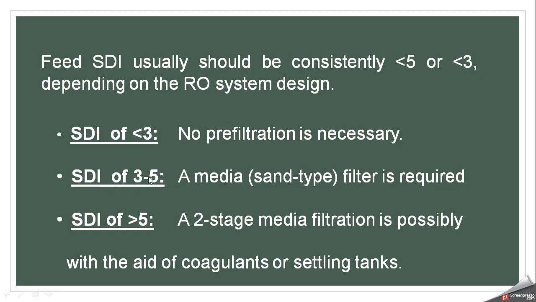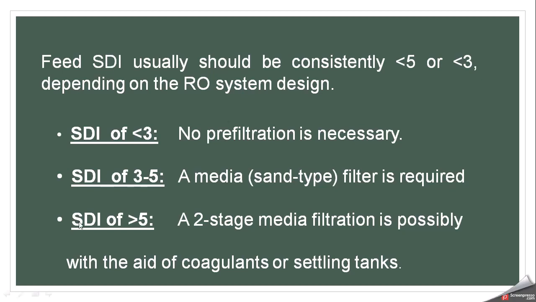However, if the SDI of the feed water is between 3 and 5, a media filter like a sand type filter is required. And if SDI goes greater than 5, a two-stage media filtration is possible, possibly with the aid of coagulants or settling tanks, so that the suspended particles can be reduced with the help of coagulants, and there must be some settling tank which settles those and reduces the SDI, because the silt density index basically measures those particles which are suspended and in colloidal form, and they need to be removed before entering reverse osmosis.